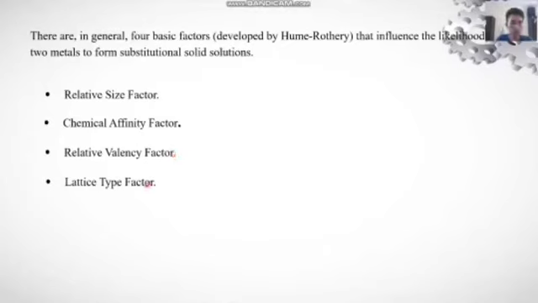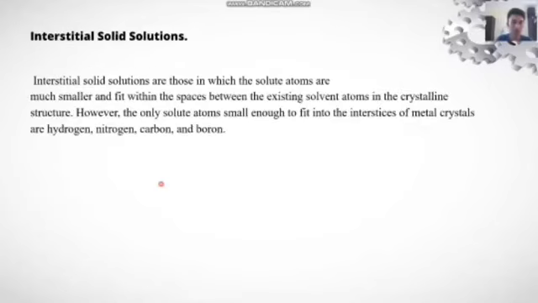Number 4, lattice type factor. Only metals that have the same type of lattice structure can form a complete series of solid solutions.